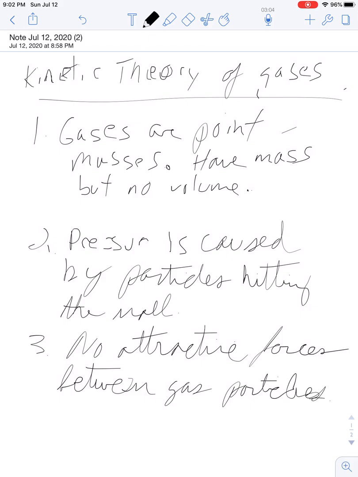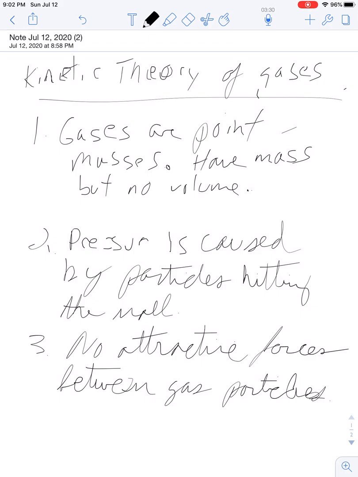We pretend that one water molecule doesn't attract another water molecule, or one hydrogen gas molecule doesn't attract another hydrogen gas molecule. That's not entirely true. There is a very, very weak attraction between gas particles, but we assume that they don't attract each other because, once again, it makes the math a lot easier.